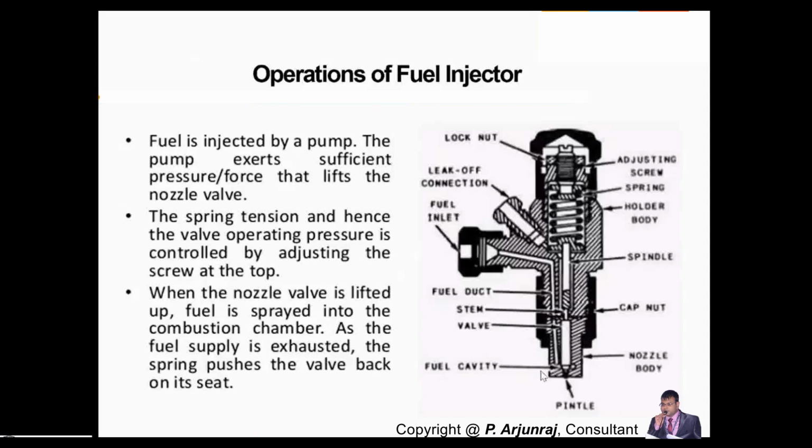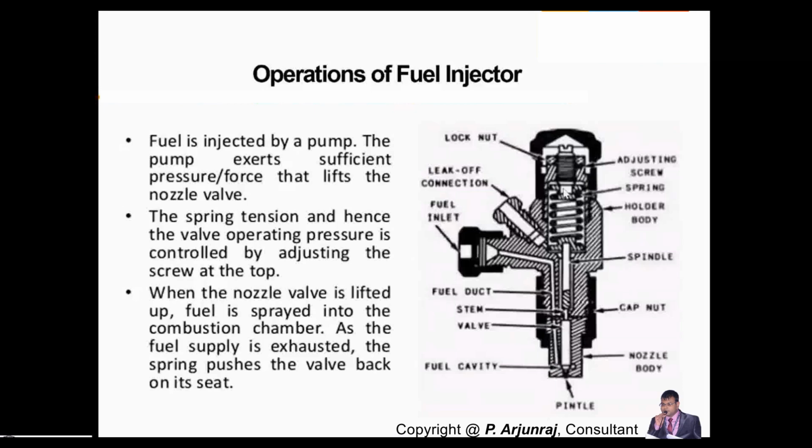The valve operating pressure and the spring pressure, or the spring displacement or tension, is adjusted with the help of the screw. You have the adjusting screw here, and this gets adjusted with respect to the pressure you are going to get into the system.